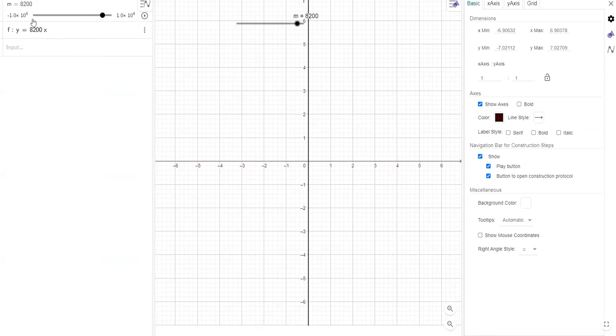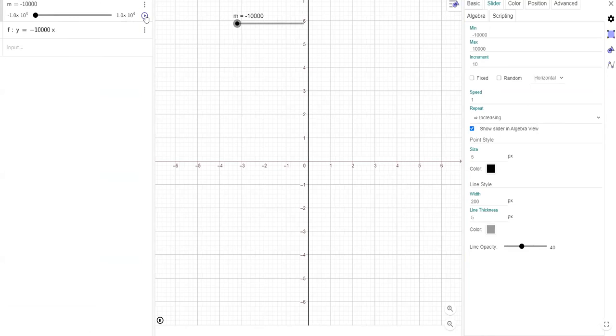Let us start now. Oh, it's huge values. That's why I'll reduce the values and then see.